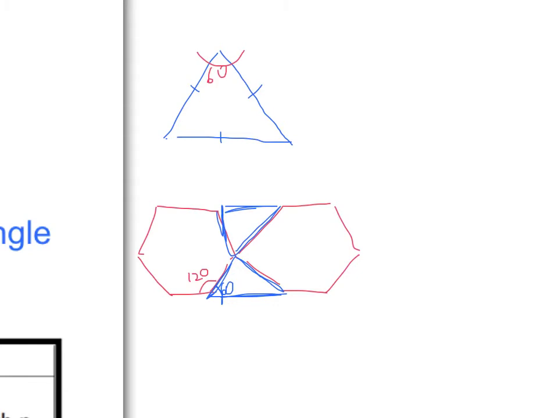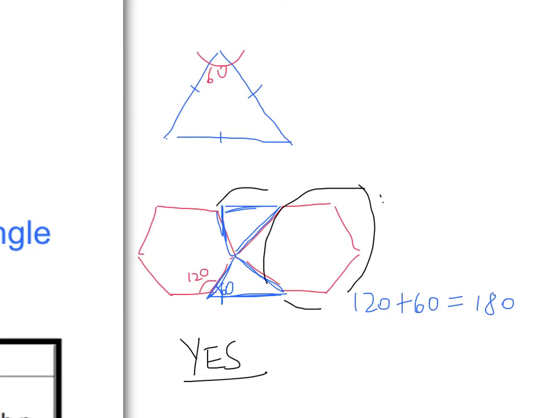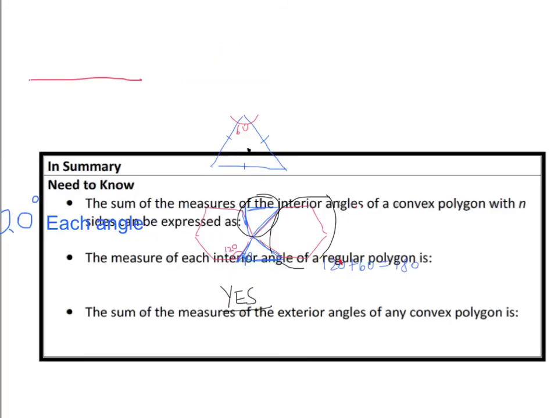So the total, 120 plus 60, is 180. And right here, this is 60, 120, 60, 120, which gives 360 degrees. So yes, we can tile using regular hexagons and equilateral triangles.